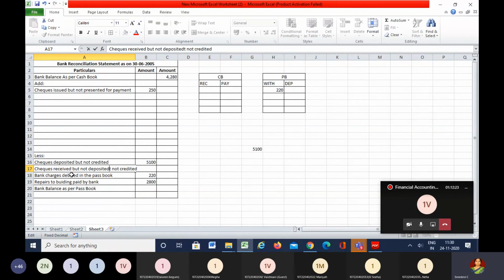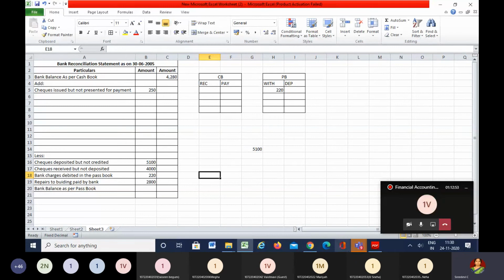So for both the cases, the treatment is going to be the same. Right. So here the amount is 4,000. So cash book is more and the passbook is less, right?